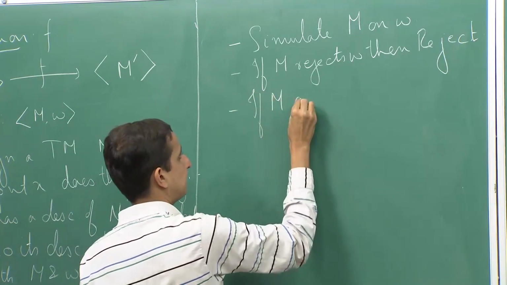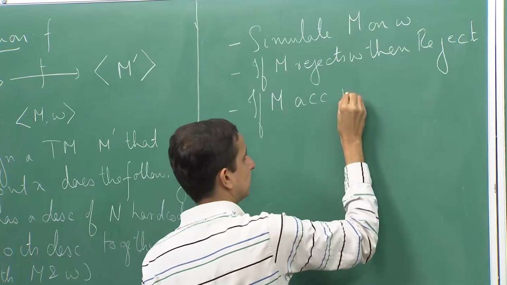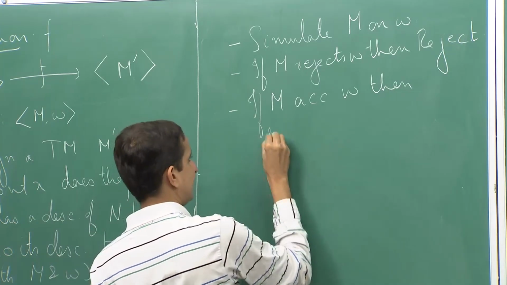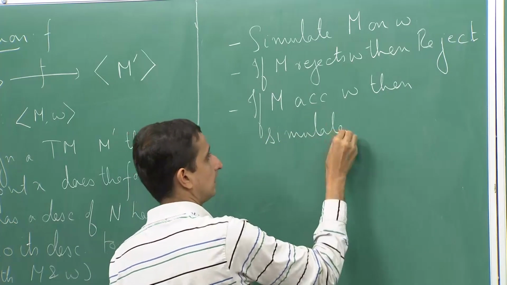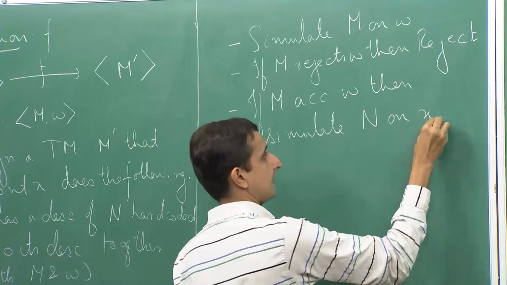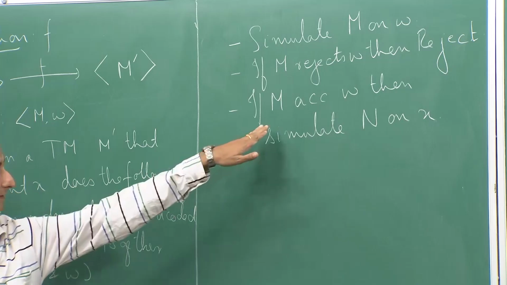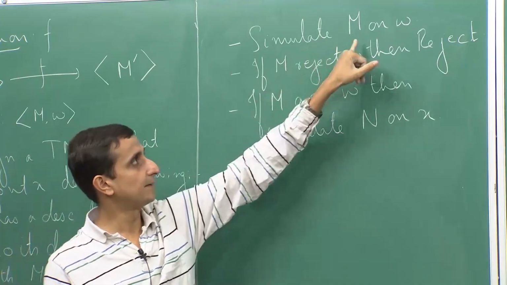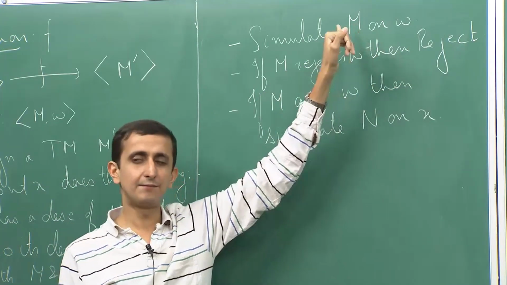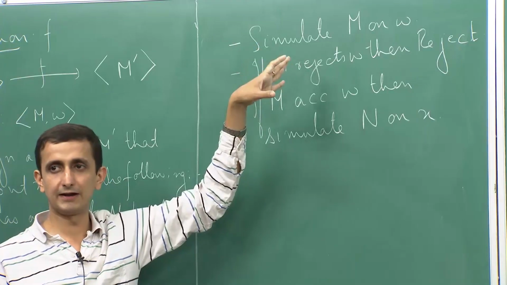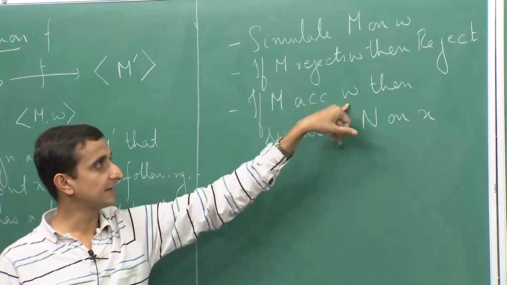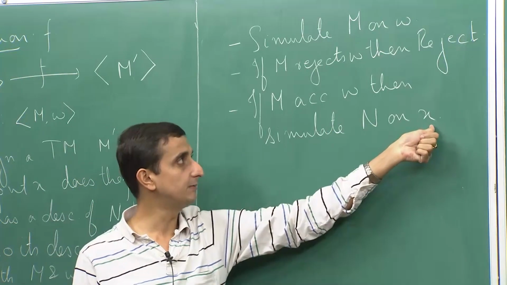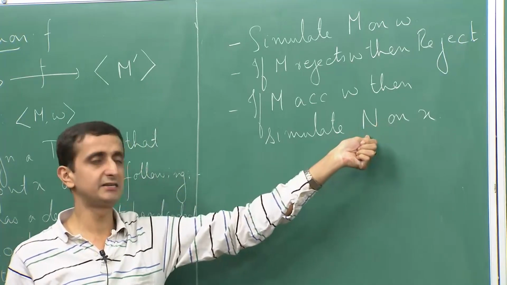If M accepts W, then simulate N on x. So here three things can happen. If M rejects W, then we reject. If M runs forever on W, then of course it runs forever, it never goes to the second step. But if M accepts W, then we take the description of the machine N and simulate the input to M prime on the machine N.